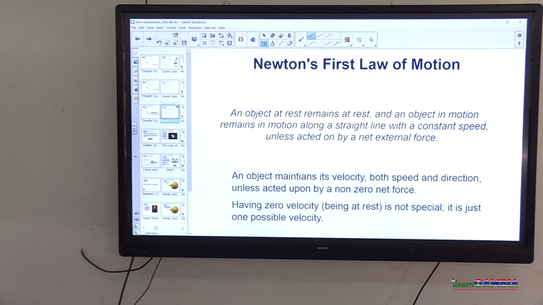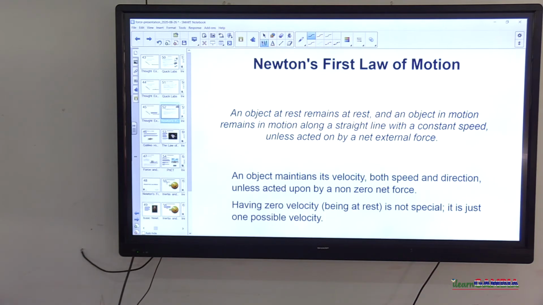An object at rest remains at rest, and an object in motion remains in motion along a straight line with a constant speed, unless acted on by a net external force. An object maintains its velocity, both speed and direction, unless acted upon by a non-zero net force.